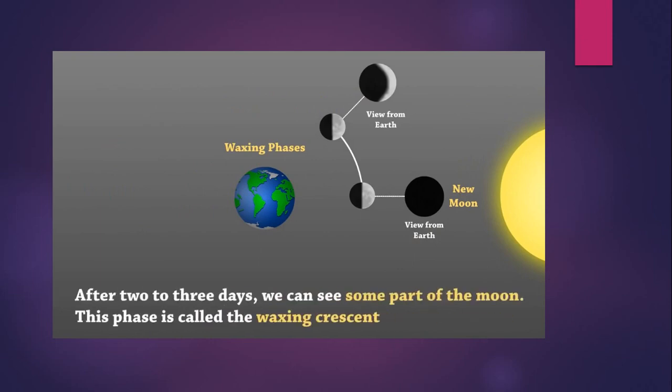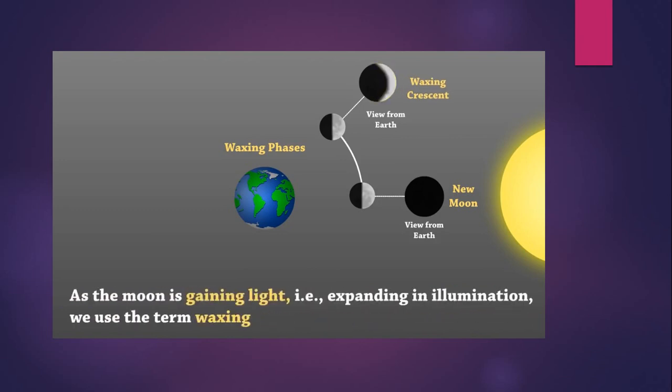After 2 to 3 days, we can see some part of the moon. This phase is called the waxing crescent. As the moon is gaining light, that is, expanding in illumination, we use the term waxing.